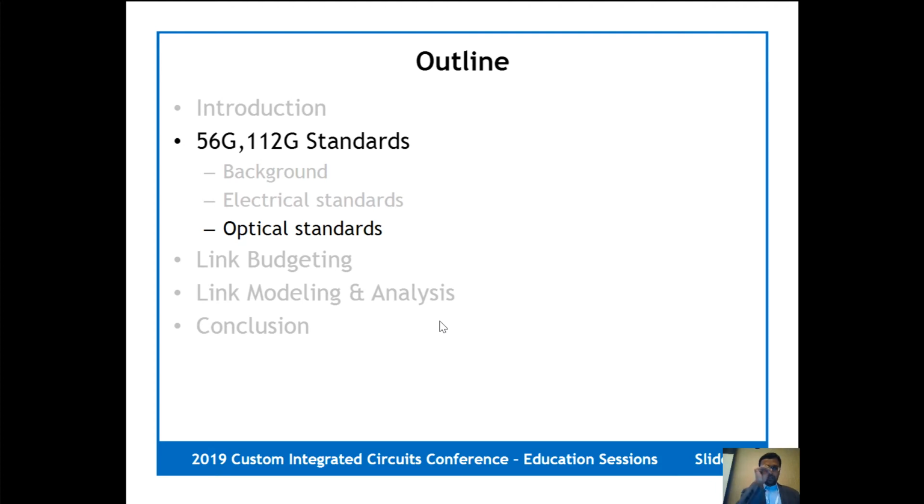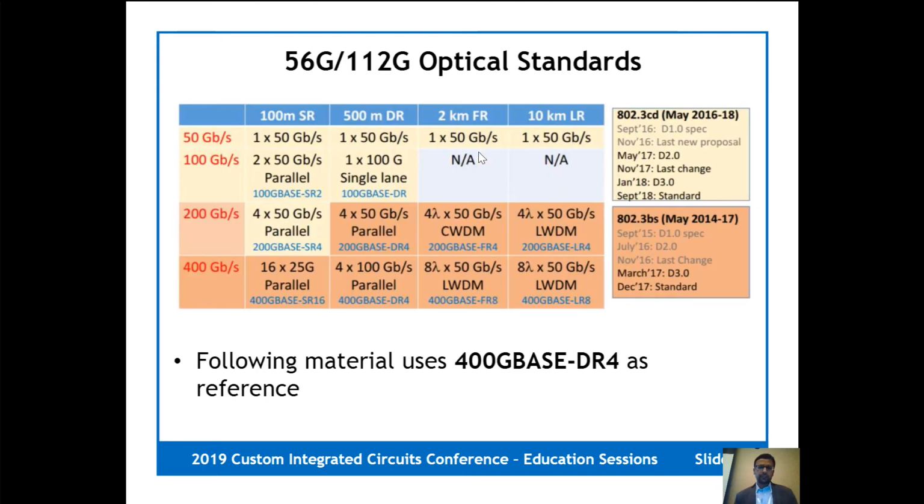Okay, so now let's switch gears a little bit and talk about the optical standards. So the table here summarizes the standards that have been recently ratified and are also in the process of active development for 50 gig and beyond, spanning 100 meter SR short reach, which is the VCSEL-based multi-mode fiber type channels, and then 500 meter and above is single mode fiber, like I talked about before.